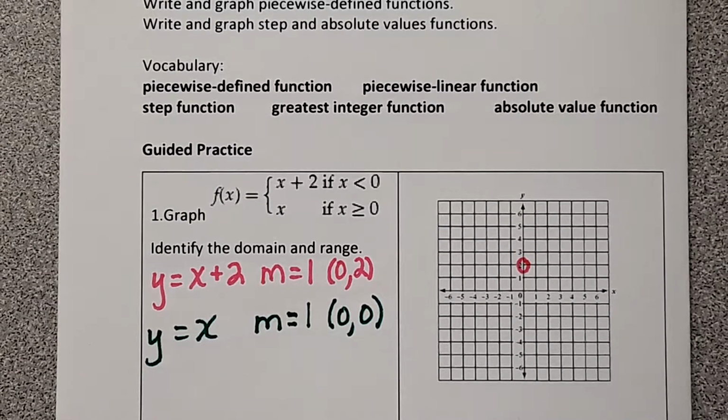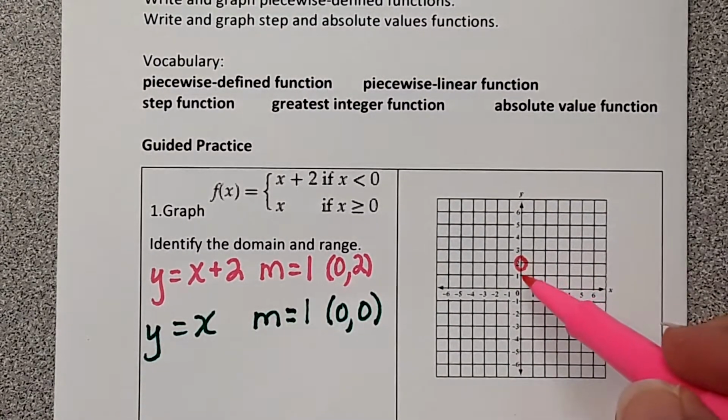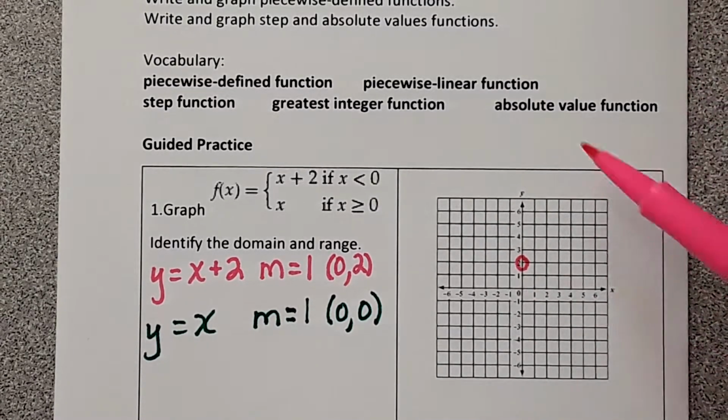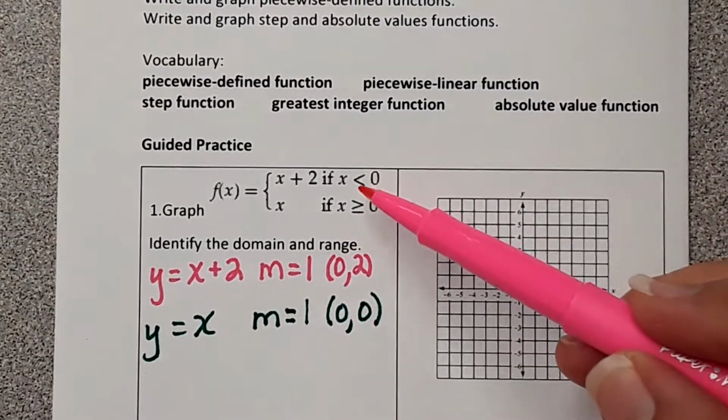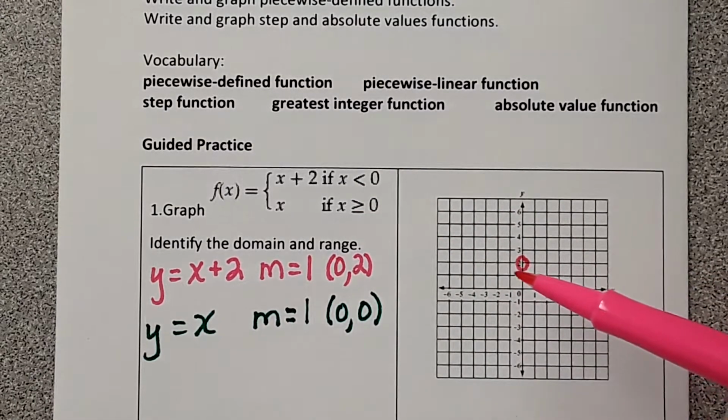Remember, these are pieces of lines. We want x to be less than 0. Right now at 0, 2, it doesn't include 0. Do you see how it says x is less than 0? Doesn't include 0. So just like when we did inequalities, if it didn't include that number, you would use an open circle.